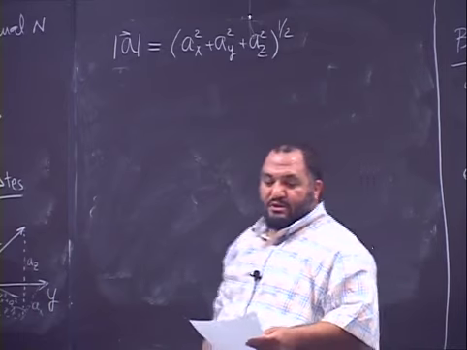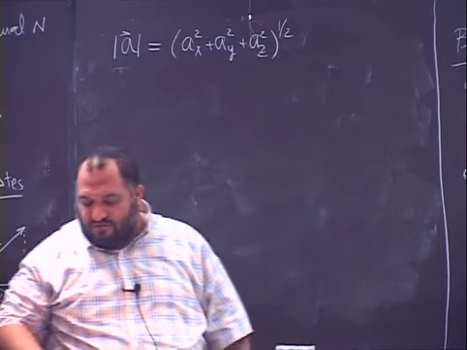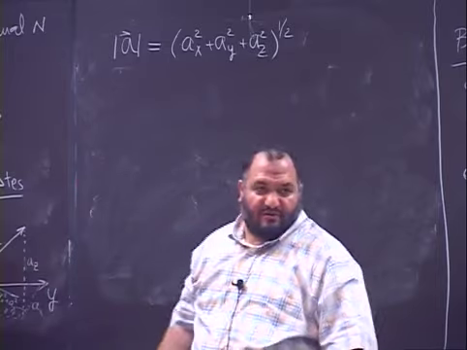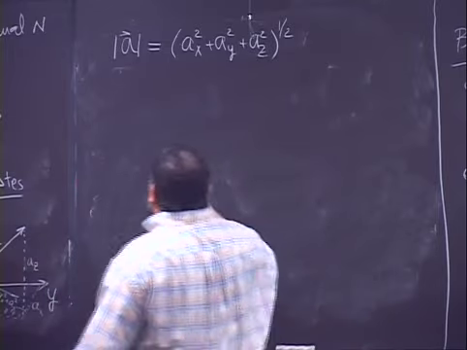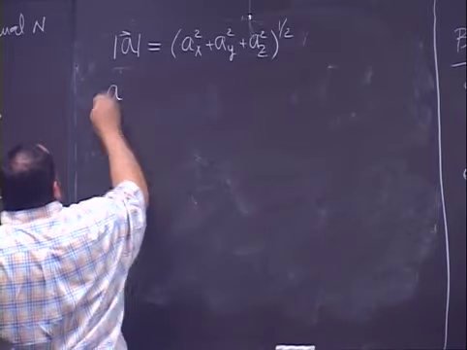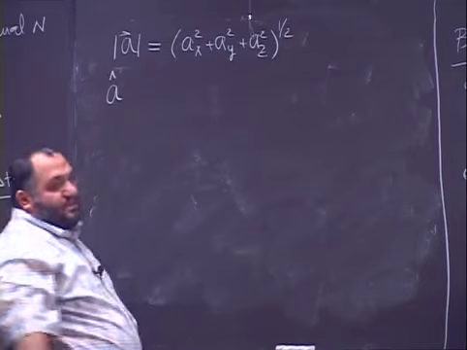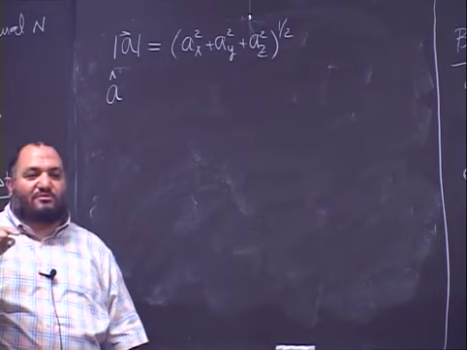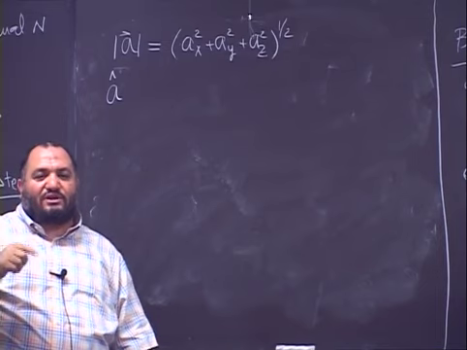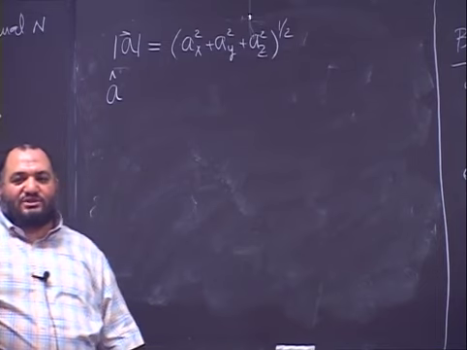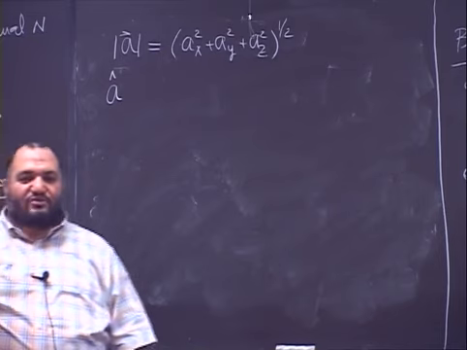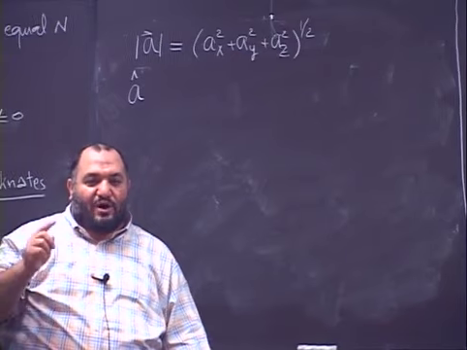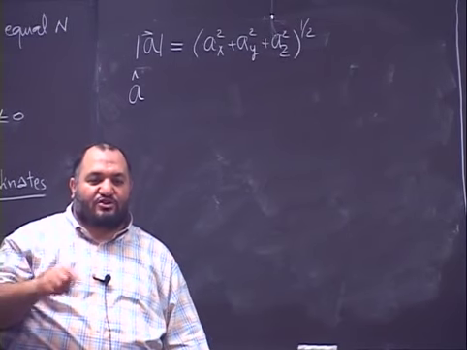What about the unit vector of a vector? The unit vector is A hat. If the vector is A with an arrow on top, the unit vector is A hat, which is just a unity vector. It has an amplitude or magnitude of 1, and it is in the same direction as the vector.